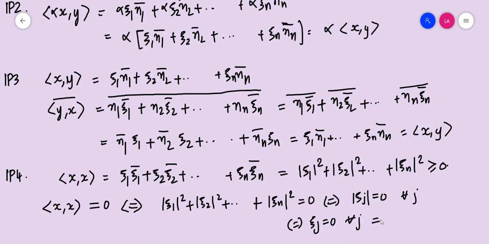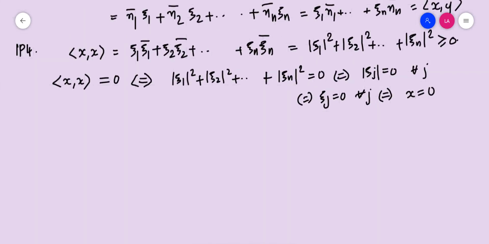Which means theta j is equal to 0 for all j, which means x is equal to 0. So inner product xx is equal to 0 if and only if x is equal to 0, and vice versa. x is equal to 0 means all theta j's are 0, its modulus is 0, its sum of the modulus squares is 0, then inner product xx is equal to 0. So it satisfies all the properties of the inner product as well. So from that, the unitary space Cn using this is an inner product space.